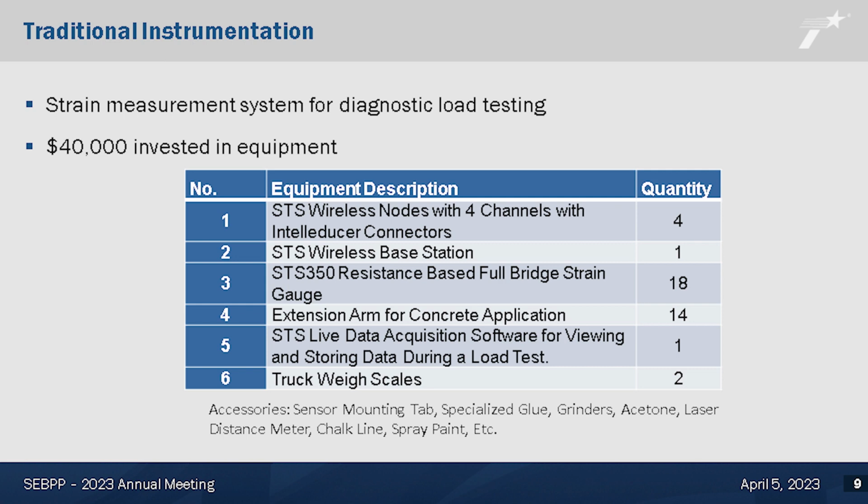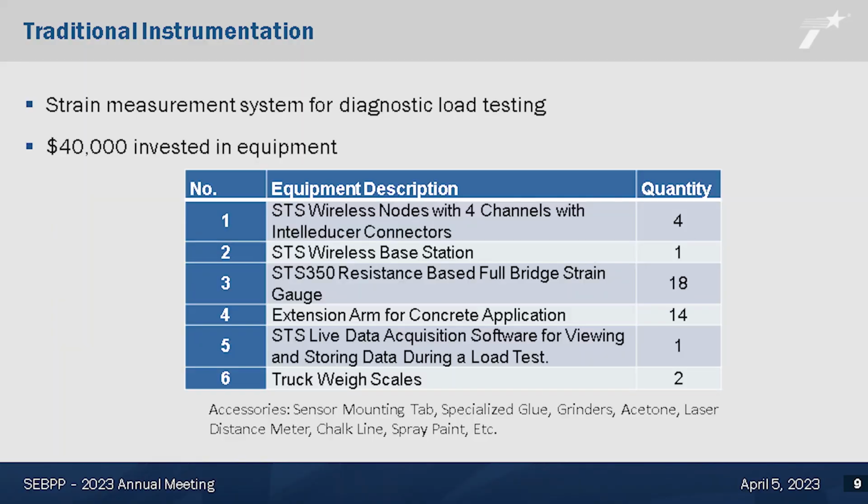Traditional instrumentation, kind of outfitting ourselves with strain measurement system equipment, instrumentation for diagnostic load testing. We've invested about $40,000 in wireless equipment and strain gauges for instrumentation of steel and concrete bridges.